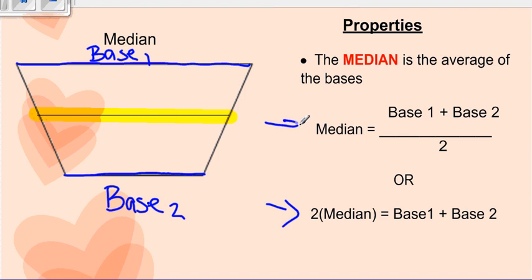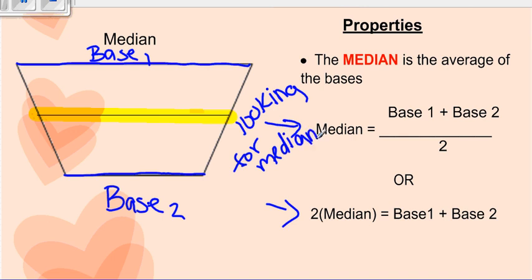So again, this one was looking for the median. And the second one down there is looking for a base. Doesn't matter which base you're looking for, but you're looking for one of them. Okay.